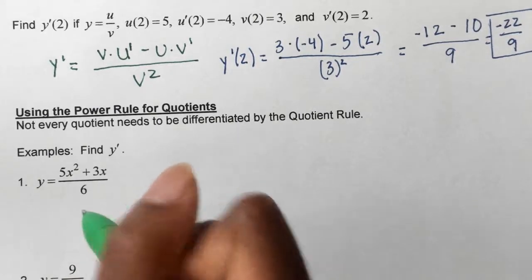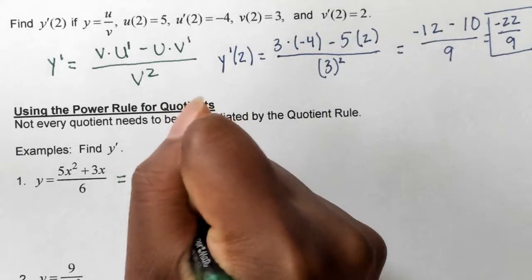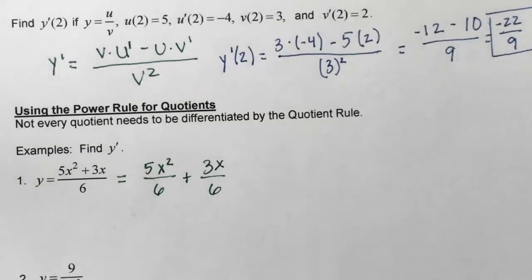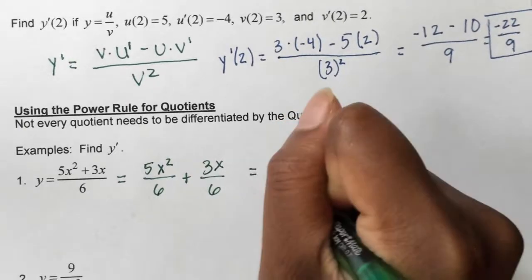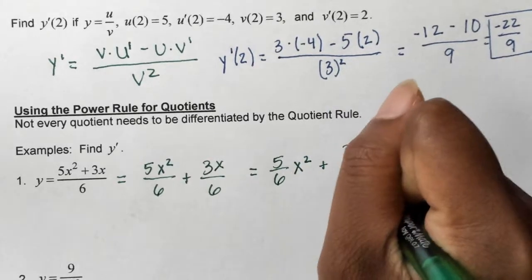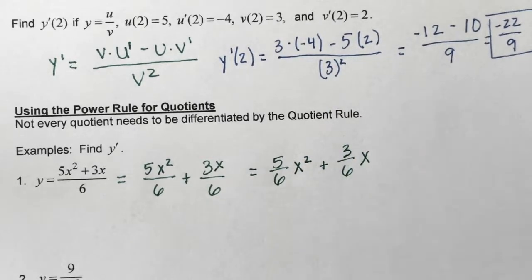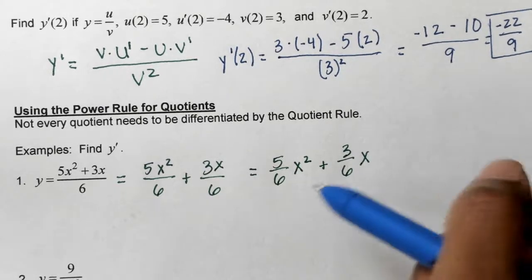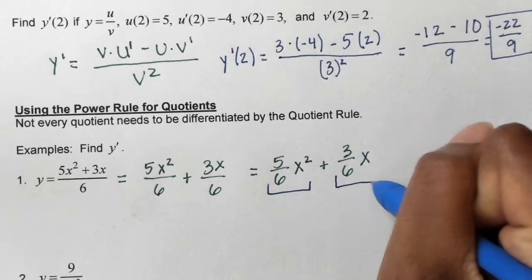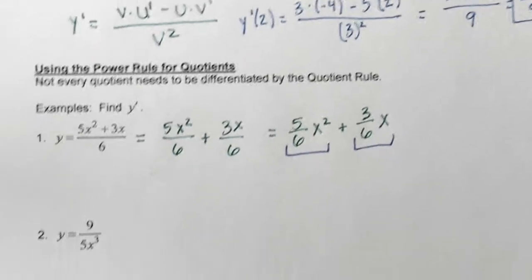So if you look at number 1, this problem can be rewritten as 5x squared over 6 plus 3x over 6, which can also be broken down as 5 over 6 times x squared plus 3 over 6 times x. And now this problem is just a power rule problem. So we can take the derivative of both pieces and add them together.